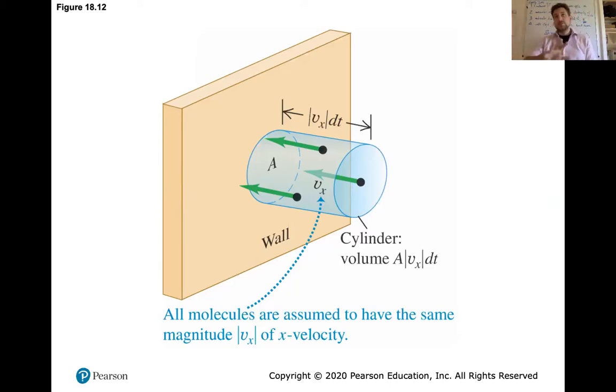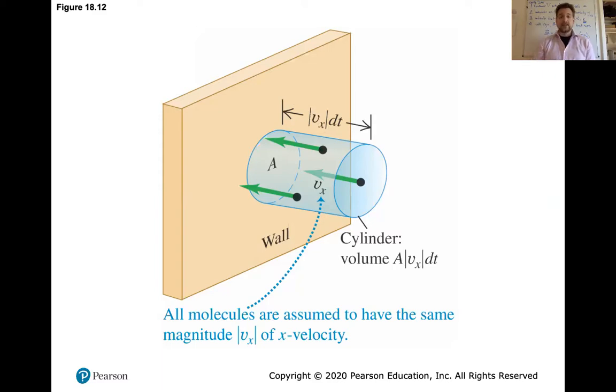In some amount of time dt, these molecules could travel a distance of v sub x, the speed, times dt. If they're going to hit the wall during time dt, they need to have been close enough.